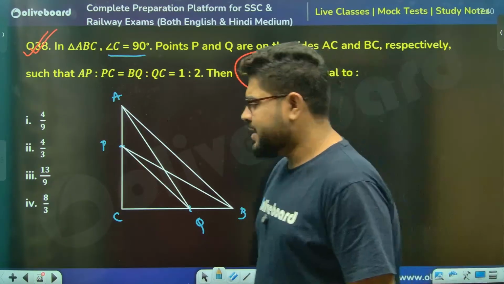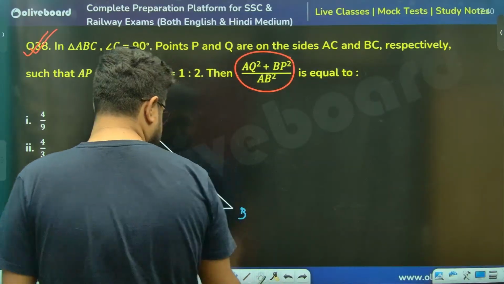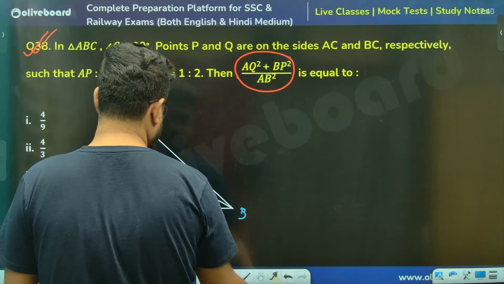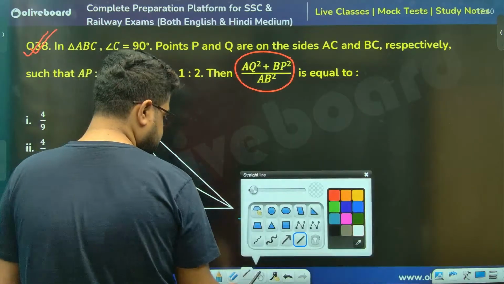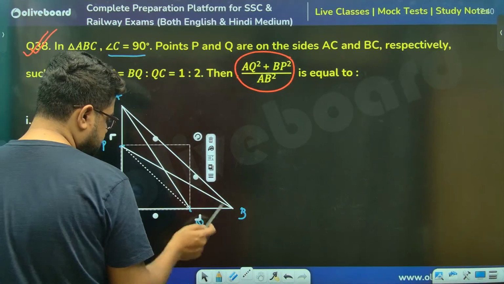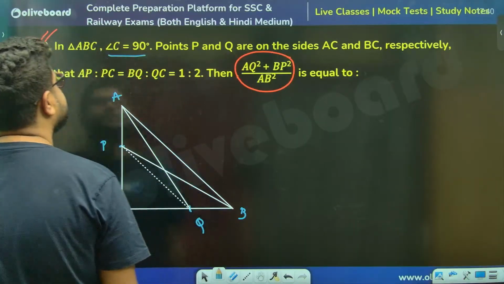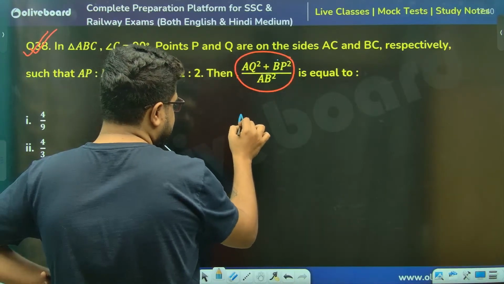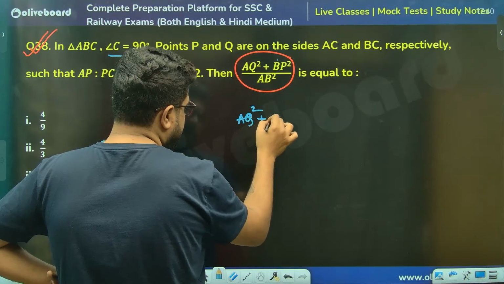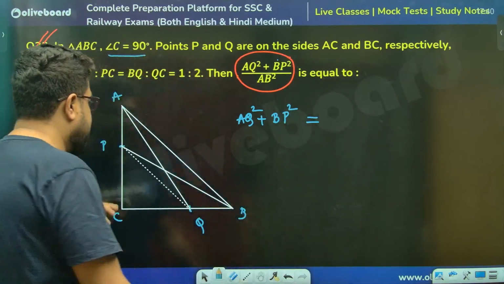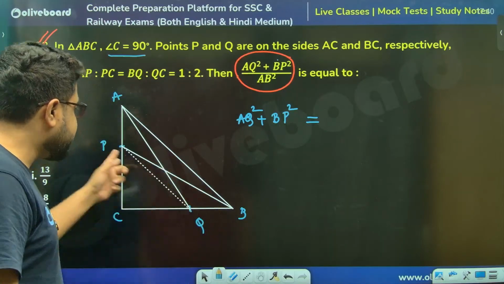Let's keep it for now. Or rather, let's put it as dotted lines. Okay. Now, AQ square plus BP square. Sir, what is that? AQ is this line, BP is this line.